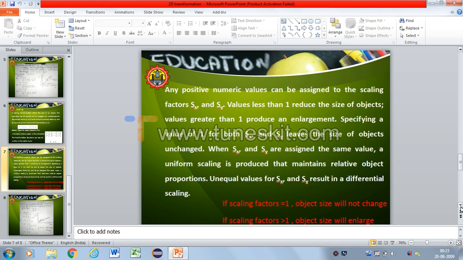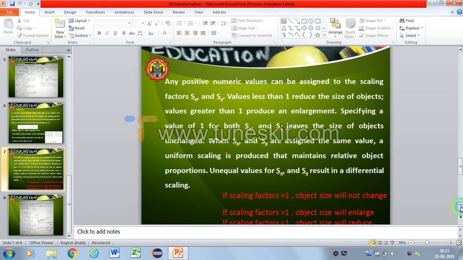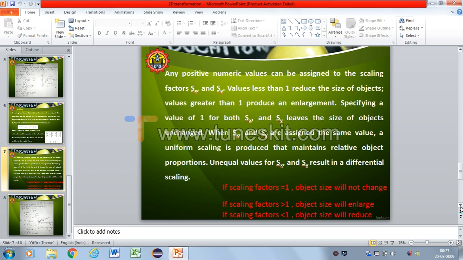Class, one thing you should note: values less than 1 reduce the size of an object. It means if these scaling factors Sx and Sy have values less than 1, your object will be reduced, right? Values greater than 1 produce an enlargement.